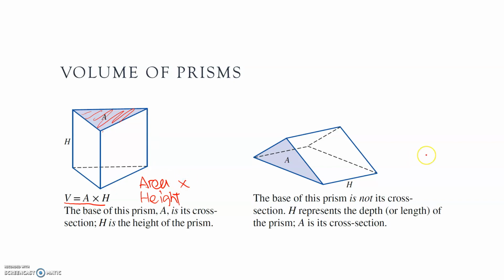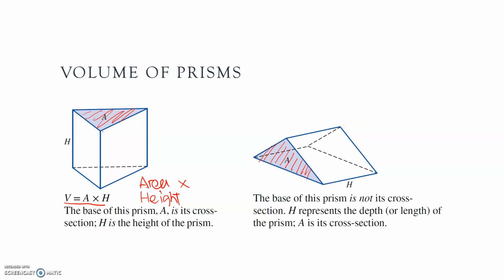Okay, now one thing to notice is that we don't always use the base. The base means the bottom one, right? Sometimes we need to look a bit more carefully. So for example, in the prism on the right hand side, we will need to use this shaded part as our cross section. Okay, because the bottom of the prism is sort of like a rectangle, but on the top of that, we don't see the same rectangle.